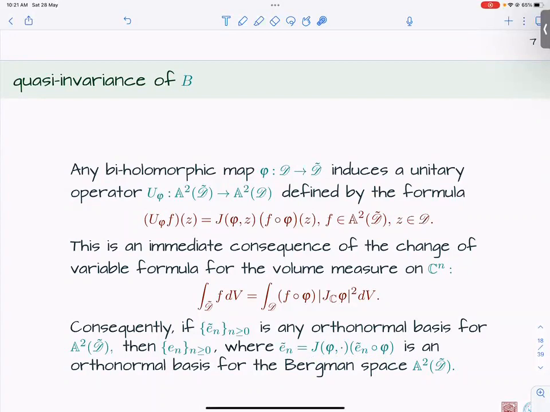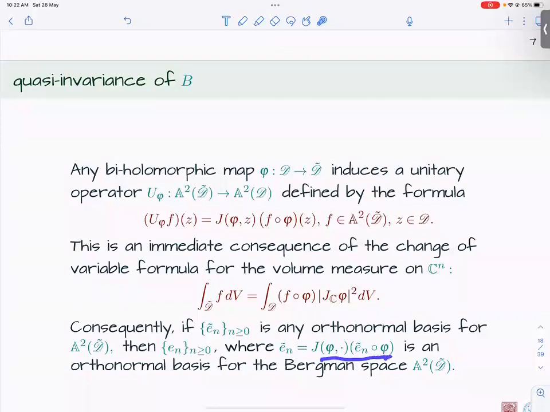So when you do that, this being a unitary map, the new object here, this tilde should not be there. You are defining En to be J phi, which is the determinant of the derivative, times En tilde composite phi.